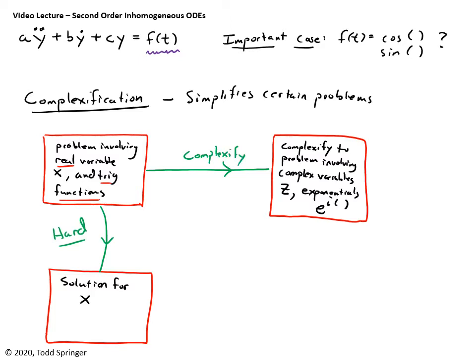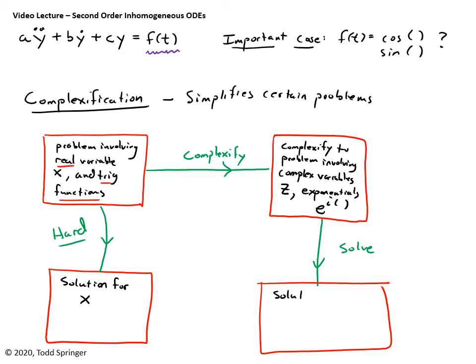Now maybe this one is easier to solve. So I'm going to solve it this way, and I've got now the solution for, let's say, some complex variable z.